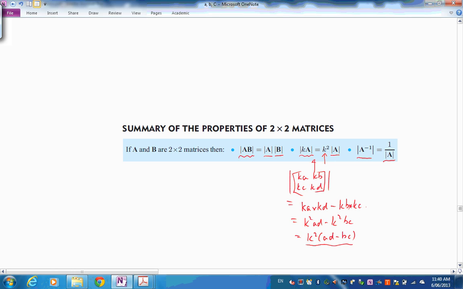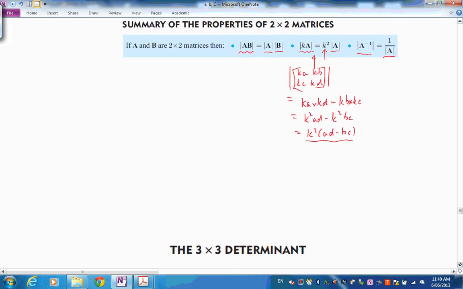Okay, so that's a little proof of what we were supposed to be investigating before. Okay, so there are determinant properties there.